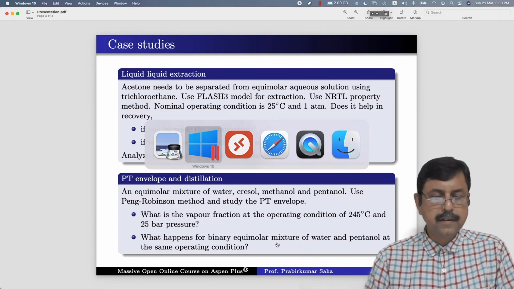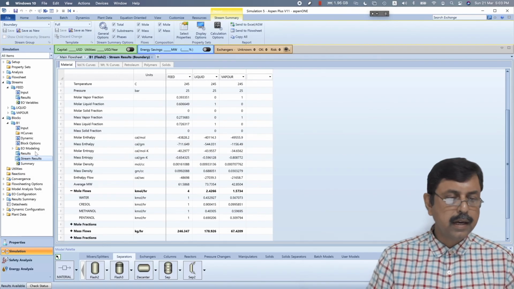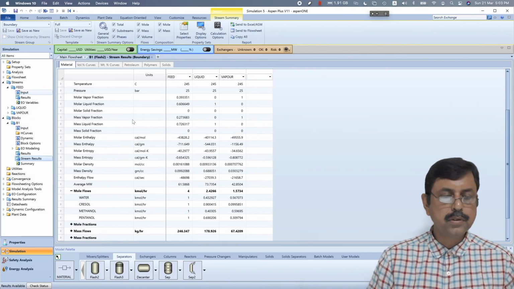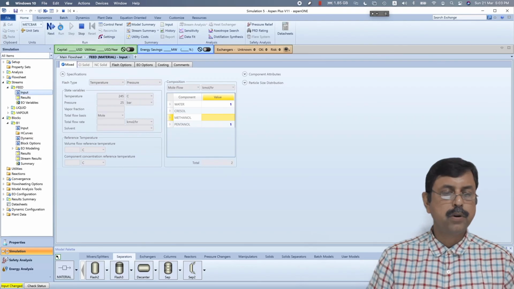So for that, let us go to the feed input and we chuck out this cresol and methanol. Okay. And we run the process.